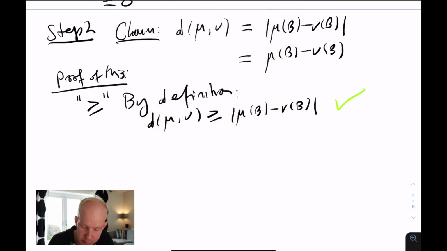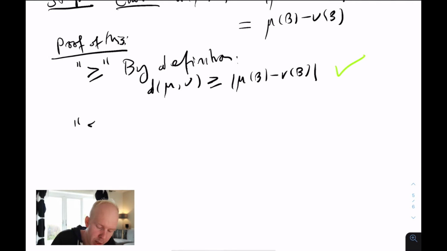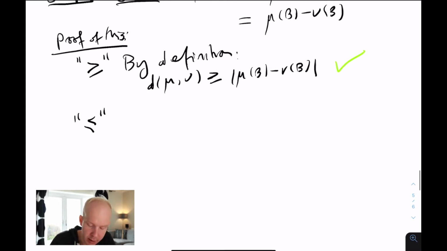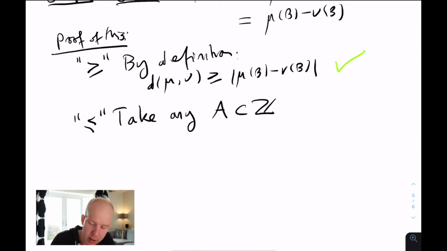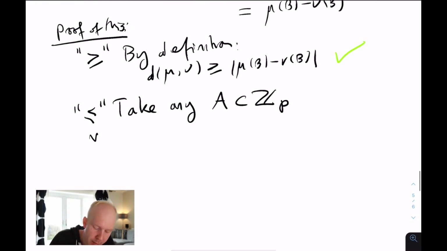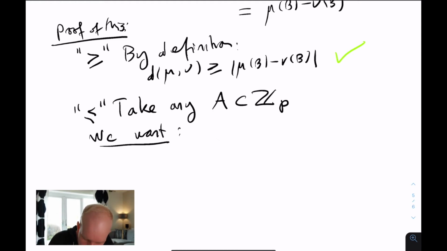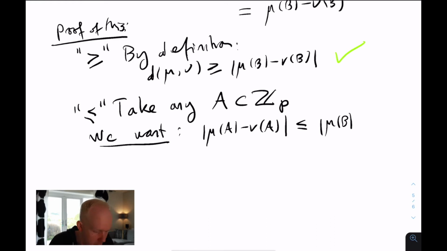And now the upper bound is the more important. For that we have to take any subset A in Z_p. What we want is the following: that mu(A) minus nu(A) is at most this mu(B) minus nu(B).